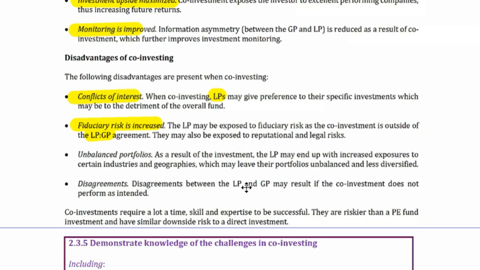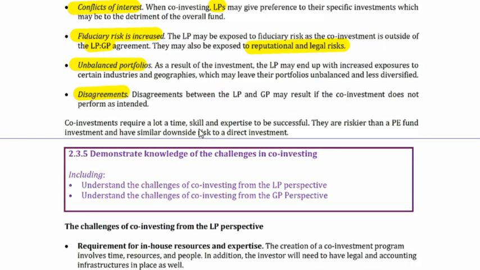Remember, we spoke about the agreements before, things like the limited partnership agreement. They may expose themselves to additional risk, both reputational and legal. It may result in unbalanced portfolios and could result in disagreements between the LP and the GP, particularly when the co-investment does not perform as intended.